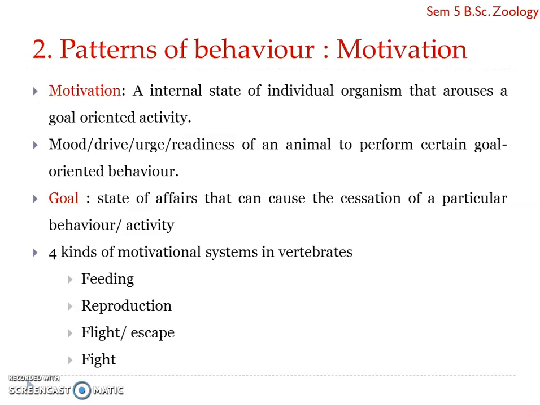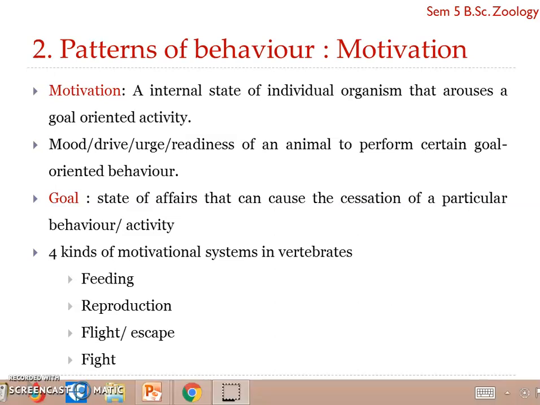For example, subunits of reproduction may include sexual behavior, nest building, taking care of younger ones, and all these subunits may have smaller stimuli that can trigger the particular behavior pattern. Okay, so these are the major motivational systems, and each of these larger motivational systems may have smaller subcategories. So we can see that the fulfillment of each of these subunits can finally result in the attainment of the particular major goal here.